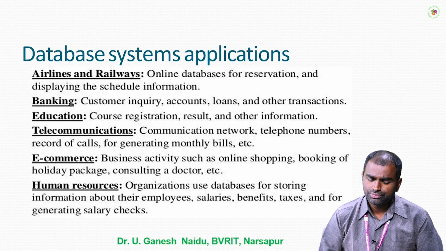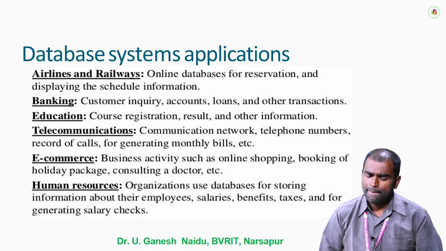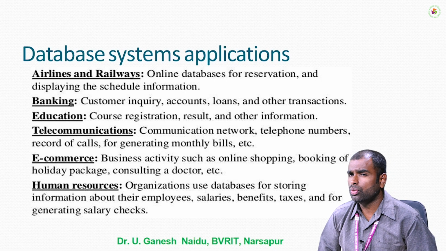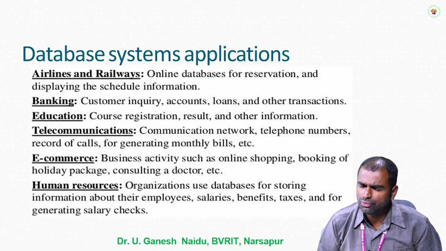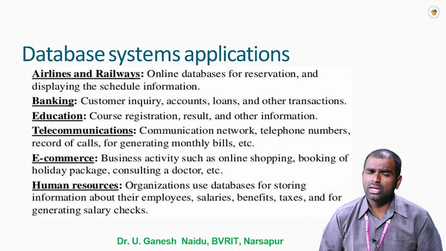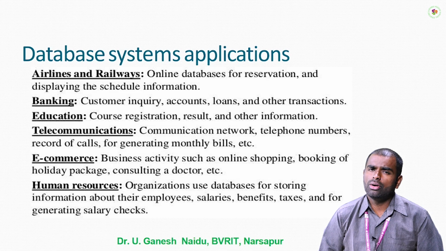Next, e-commerce. In e-commerce, business activities such as online shopping. In online shopping, you go through Flipkart or Amazon or Myntra. So many apps are there. In these apps, when you are doing shopping in the cart, you can add a number of items in each and every category.